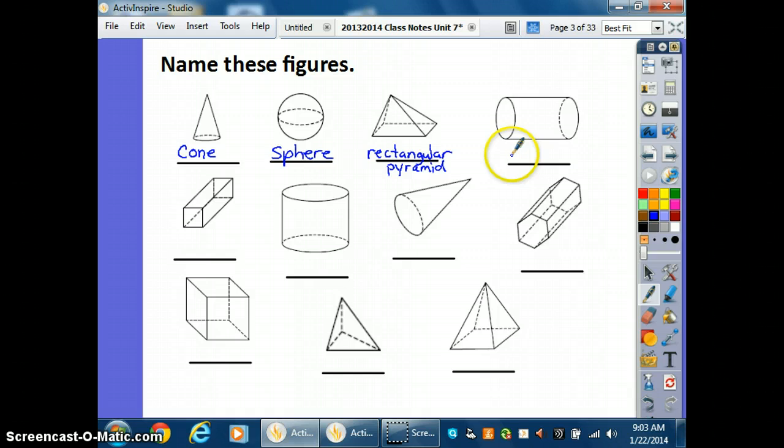This is a cylinder. This shape is a rectangular prism.